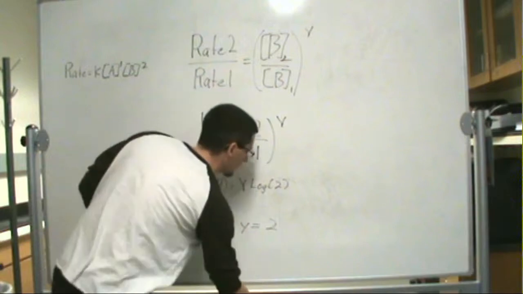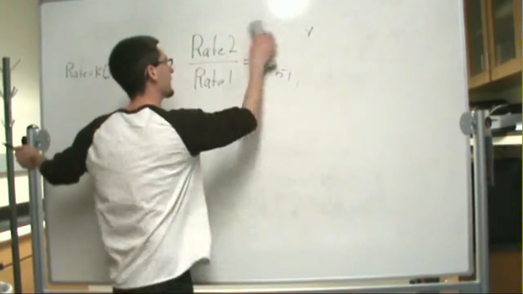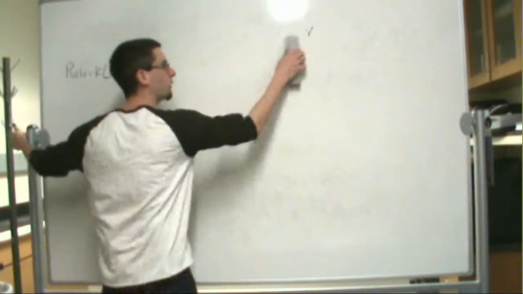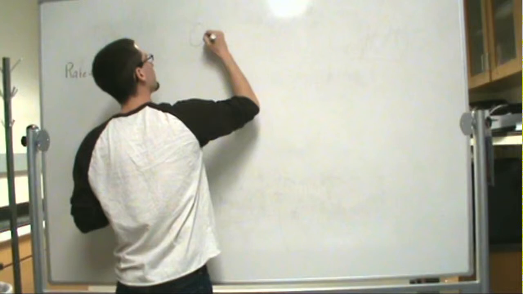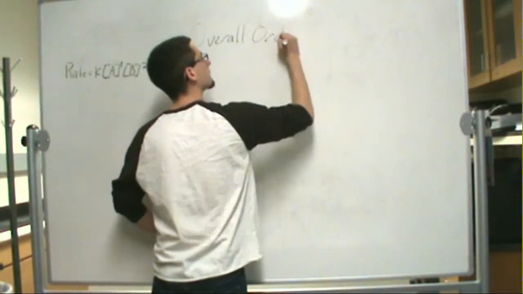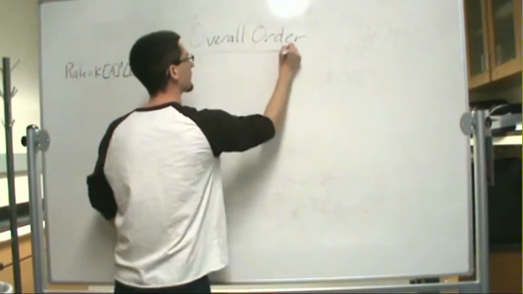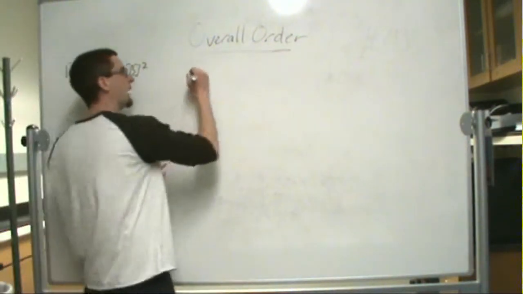Now, we have to figure out the overall order. For the overall order, you add up the orders of each individual component. In this case, we just add our x and our y.